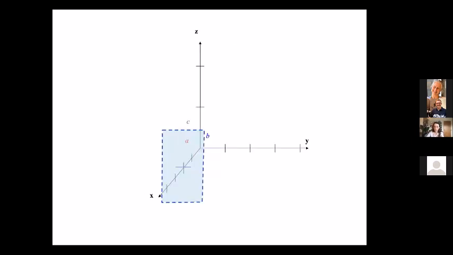So let's try it with this one now. Can anyone tell me what axes this plane is parallel to? Z. Yep, that's one of them. And Y. Yep.